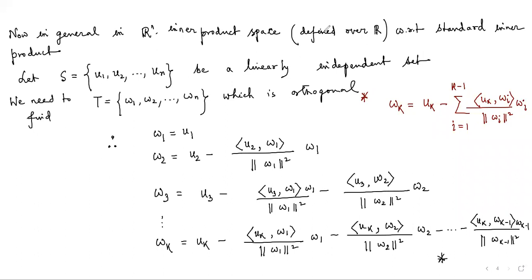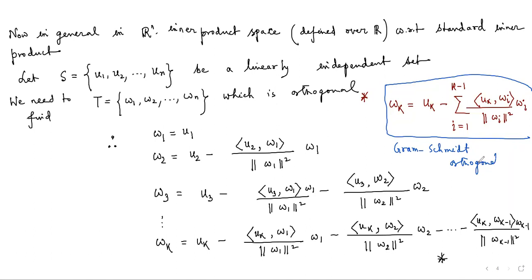And this is what we call the Gram-Schmidt orthogonalization process, and this is the formula. This is the Gram-Schmidt orthogonalization process.